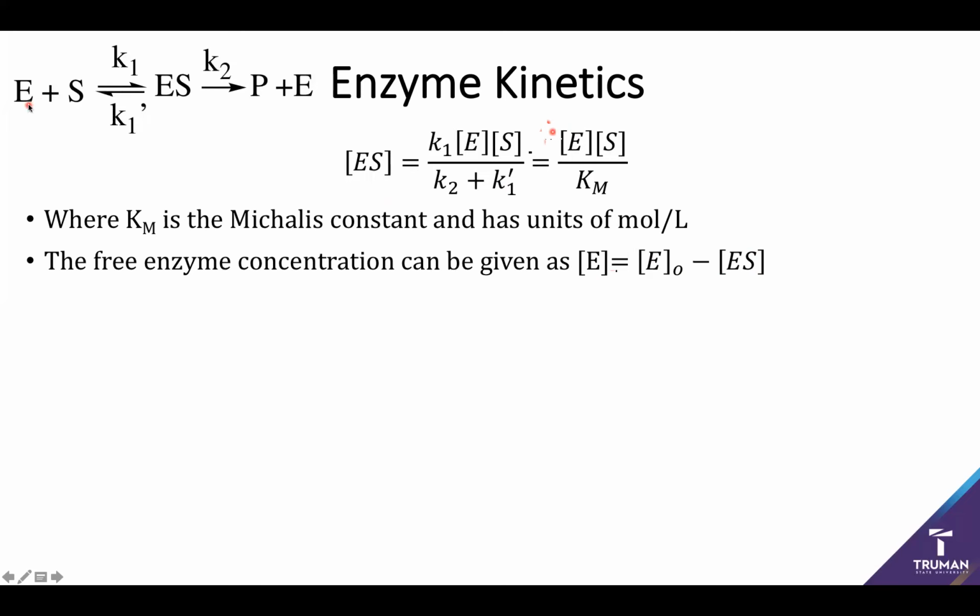Because again, any enzyme, as soon as it forms the enzymatic complex, will then decompose to make the free enzyme. So we can give our free enzyme concentration as a function of our initial concentration, which I can measure, and the enzymatic complex, which is exactly what I'm caring about.